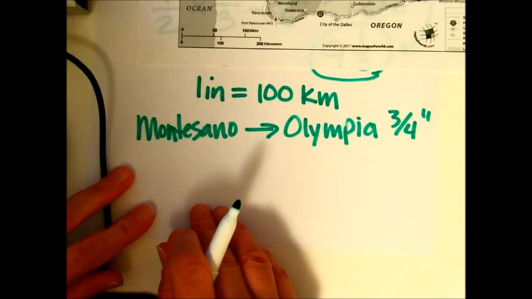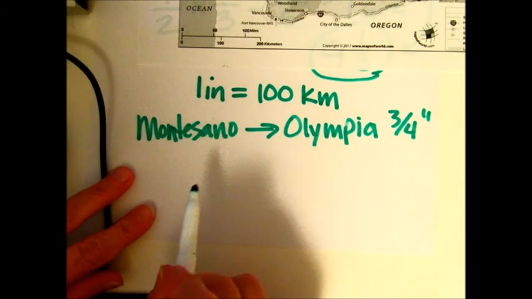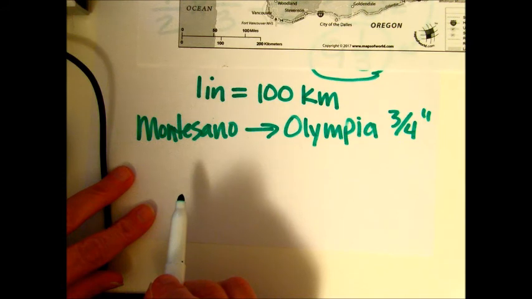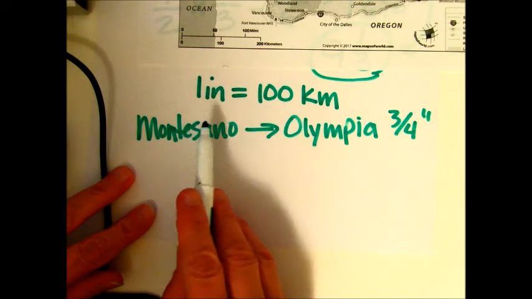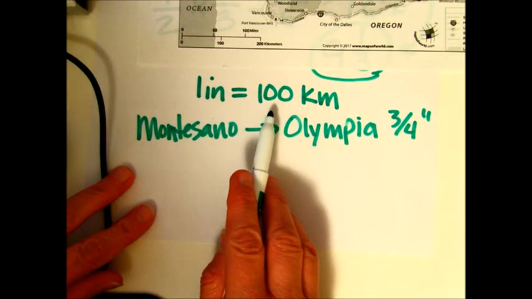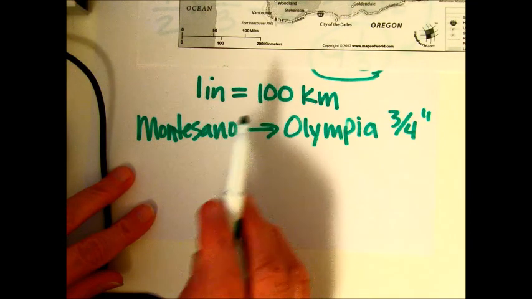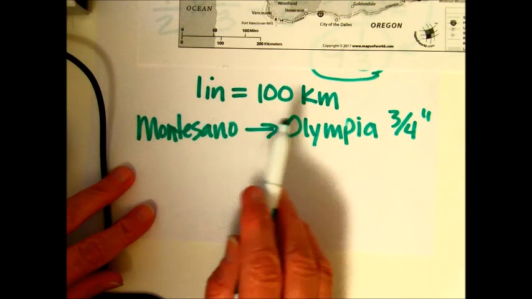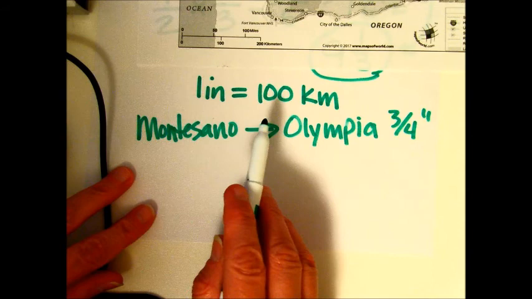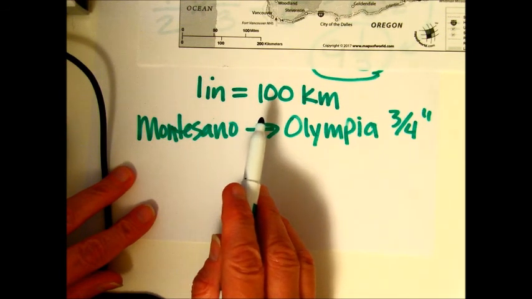Now, I'm going to guess that it's going to be less than 100 kilometers because a full inch would be 100 kilometers. And since it was 3/4 of an inch, I'm thinking it's 3/4 of 100, which would be 75 kilometers.